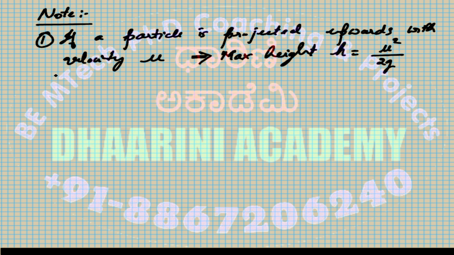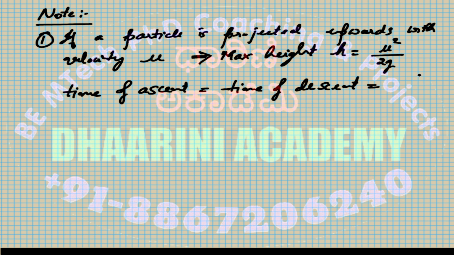Now, in this particular flight, the time taken to reach this maximum point is called the time of ascent. That will be equal to the time of descent. This is directly equal to u by g.